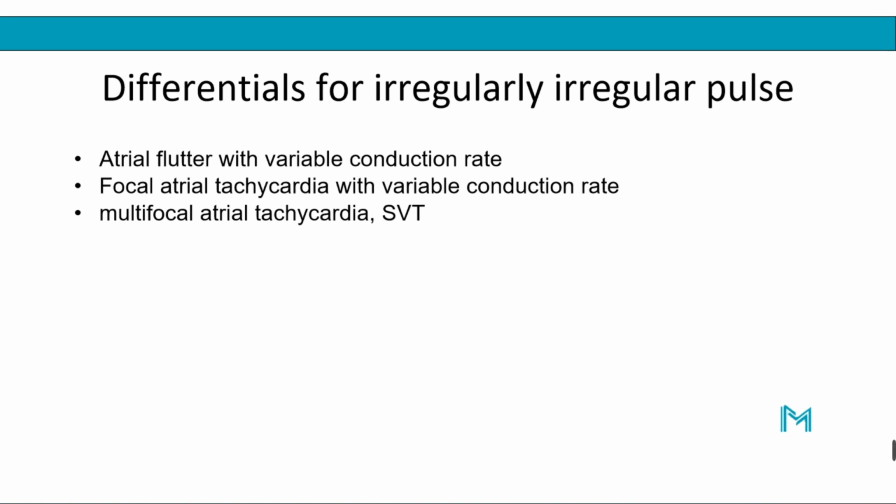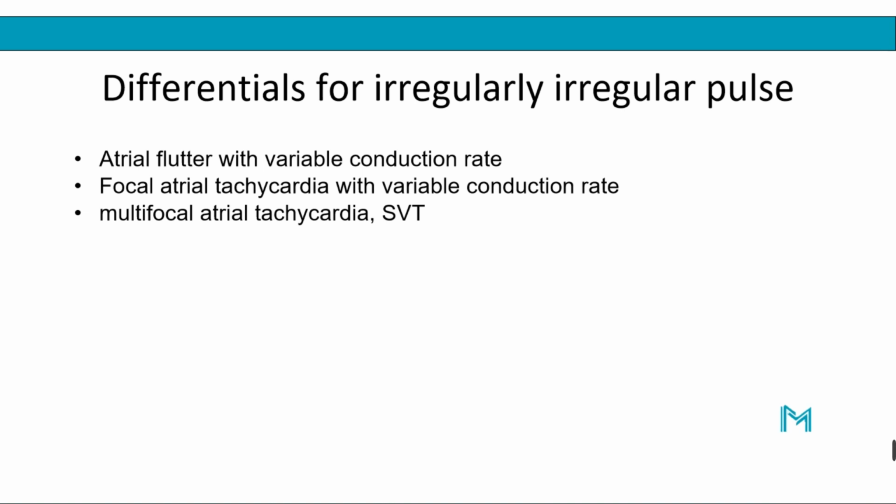The examiner says, you picked up an irregular pulse, nice, then tell me about the differential diagnosis of irregular pulse. You could talk about all the differential diagnoses of palpitations, dyspnea, syncope, lightheadedness, but for irregular pulse, you should know these, and they commonly come in the exam. So those are the ones we're going to talk about.